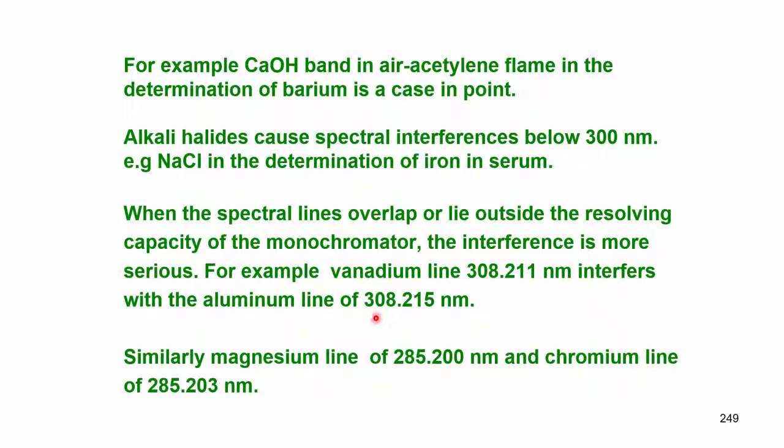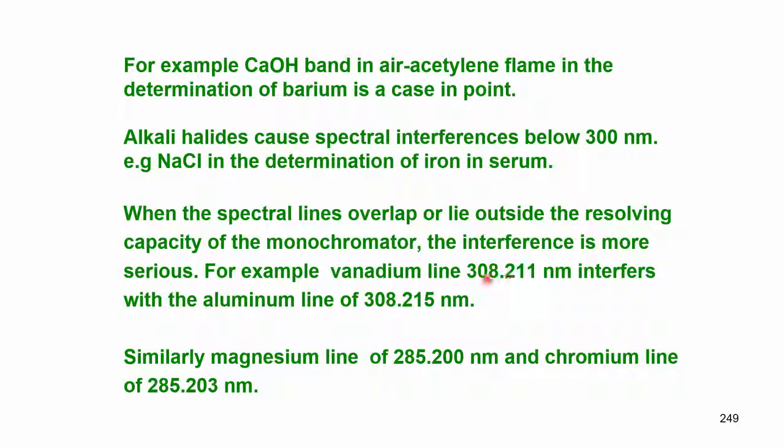But what is aluminum? Aluminum is 308.215. So, the difference is 0.005 between the two, if you choose 308.211 and 308.216. The monochromator can differentiate lines more than that apart, but this is less than that.